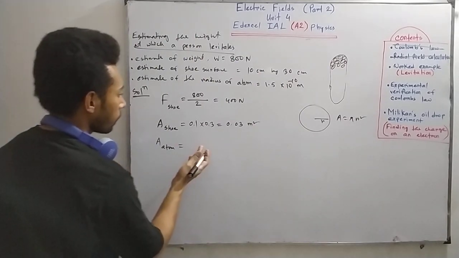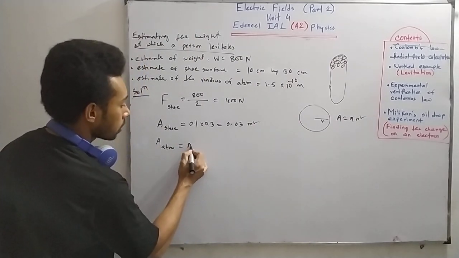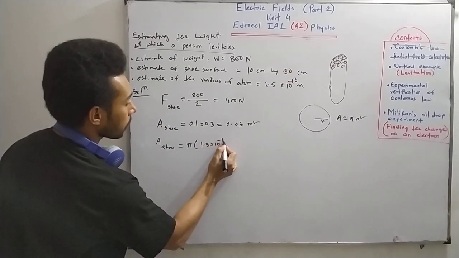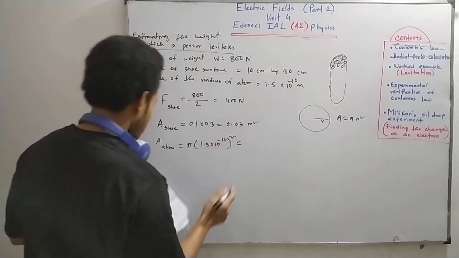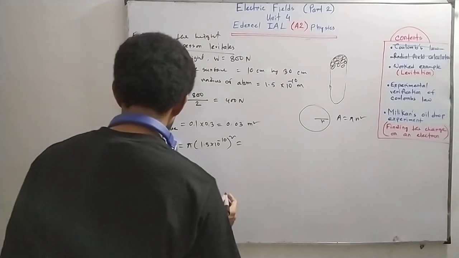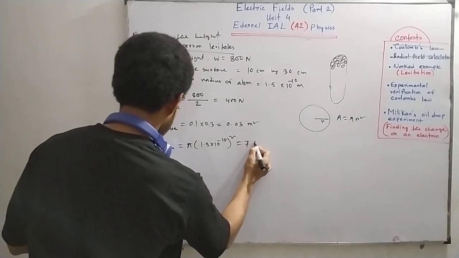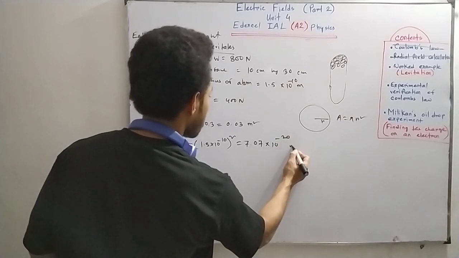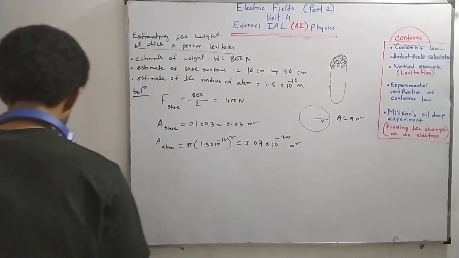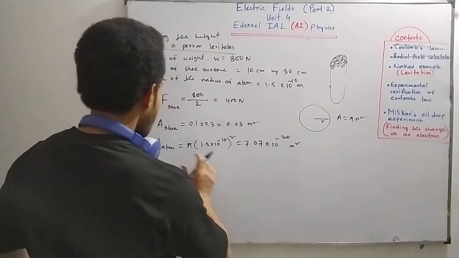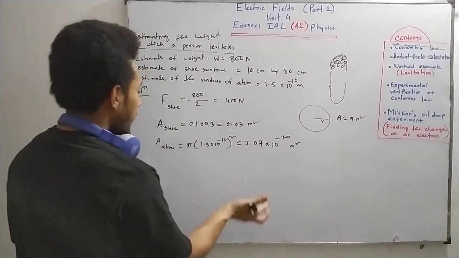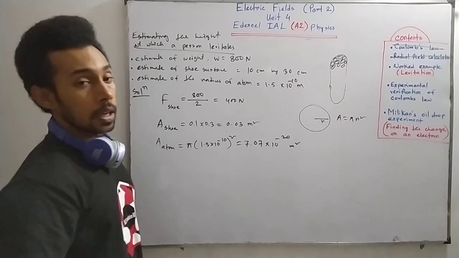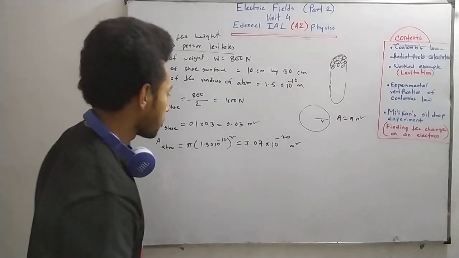Therefore the area of an atom is pi into 1.5 into 10 to the power minus 10 square, and this comes to 7.07 into 10 to the power minus 20 meter square. This is the area of one atom, and if you divide the area of shoe by area of one atom, you will find the number of atoms present there.